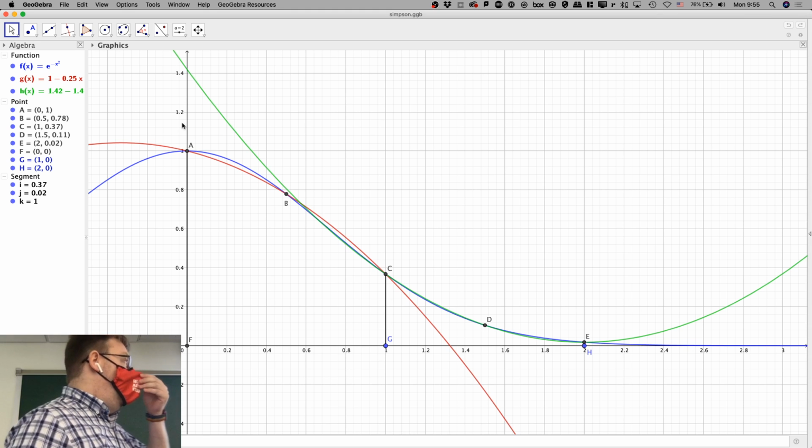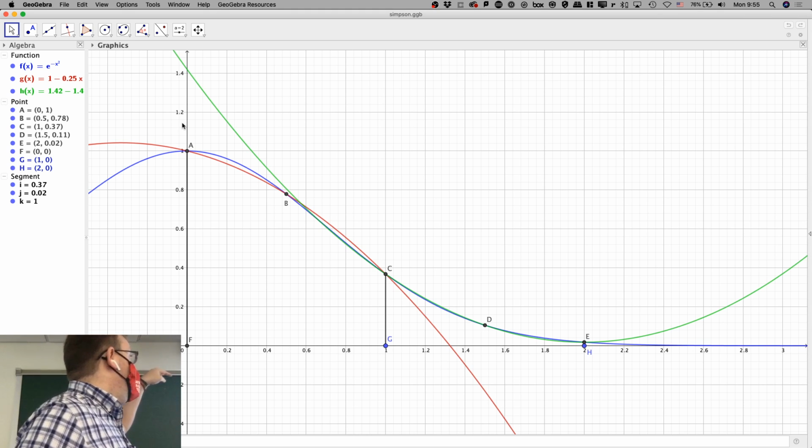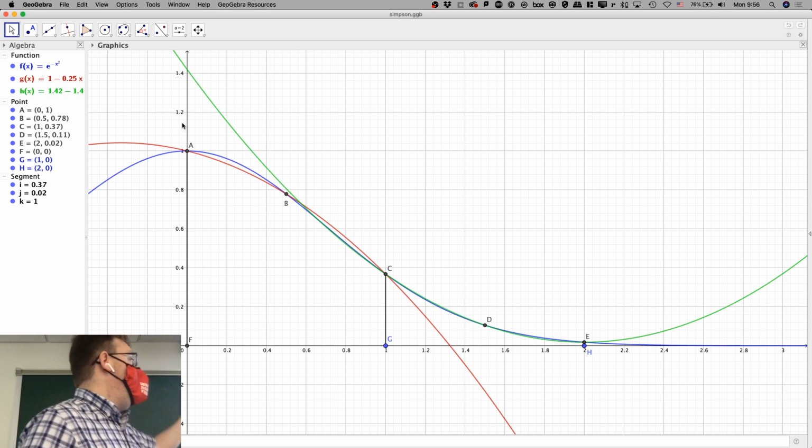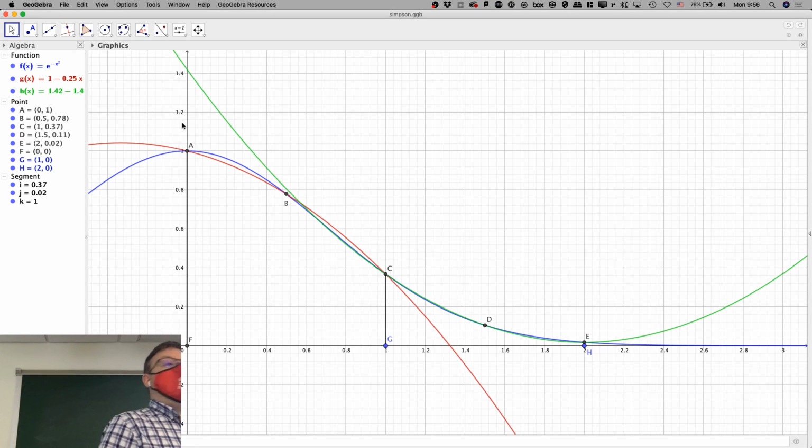Okay. All right. So what you're doing with Simpson's rule is looking at basically what are these parabolas, and really, I don't care about the parabola itself. I care about the area under it. And it turns out that it's a lot easier to talk about the area under it than actually to come up with the formula.